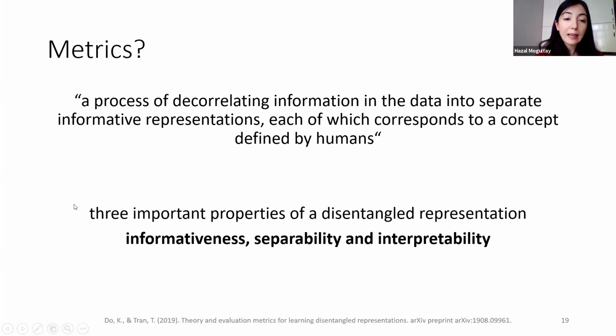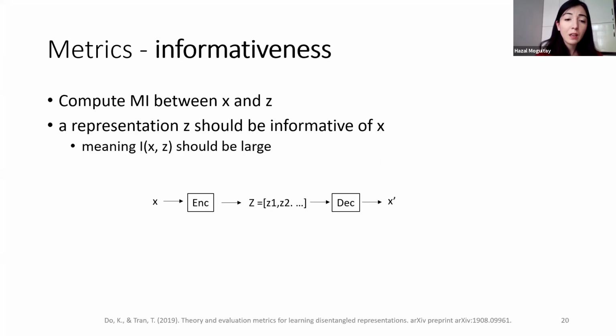So, and they say disentanglement has three important properties: informativeness, separability, and interpretability. By these properties, they define some metrics actually, and these are really simple to understand. Let's go over them one by one.